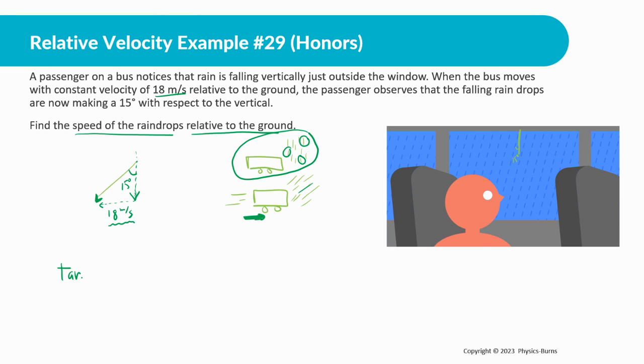We could do tan of 15 is equal to opposite, which is 18, over adjacent, which is the velocity of the raindrops in the y direction, also how fast the raindrops are hitting the ground. I know that might sound a little bit confusing, but maybe watch it again. It is a little confusing, but this is how you do this problem. And maybe this is also why this is the last problem. Anyway, the final answer is it's going to be hitting the ground at 16.18 meters per second.